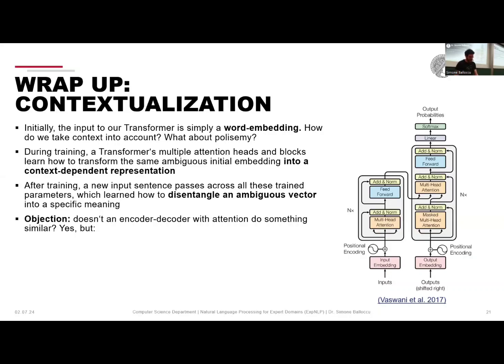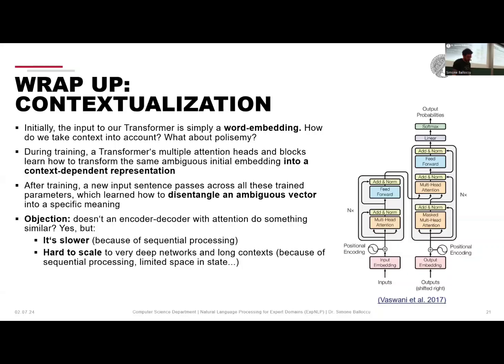Now you may say, doesn't an encoder-decoder with attention do something similar? In the end, we're still seeing all the inputs, and I'll tell you, yes, indeed, this is not something new that only the transformer does, but it's slower. The transformer is all in parallel, in one shot. It's hard to scale: very deep networks and long-term context break even the best LSTM.